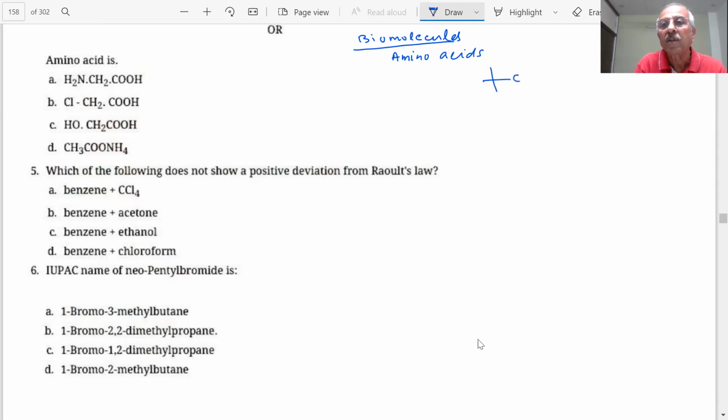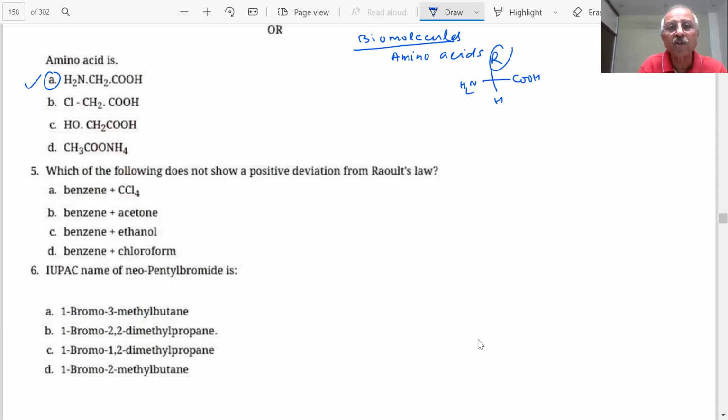We said you have COOH, you have NH2, then H, and the R group was varied. So they have NH2, alpha amino acid. Here is the example of that. A is an amino acid. This is chloroethanoic acid. These are not amino acids. These are ammonium salts.